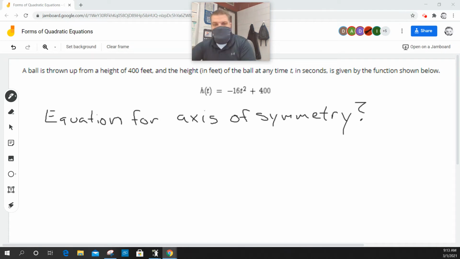So because of this equation, let's just recap real quick. This equation is a second degree polynomial, right? Therefore, it is what? A quadratic.